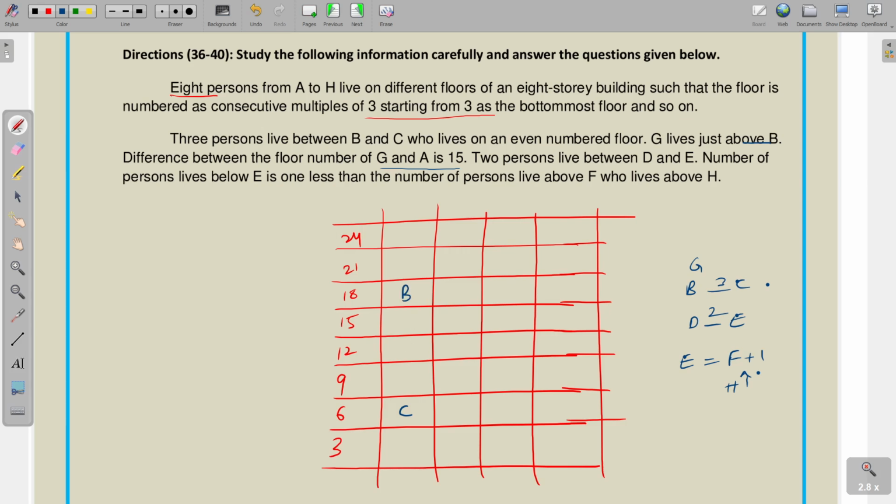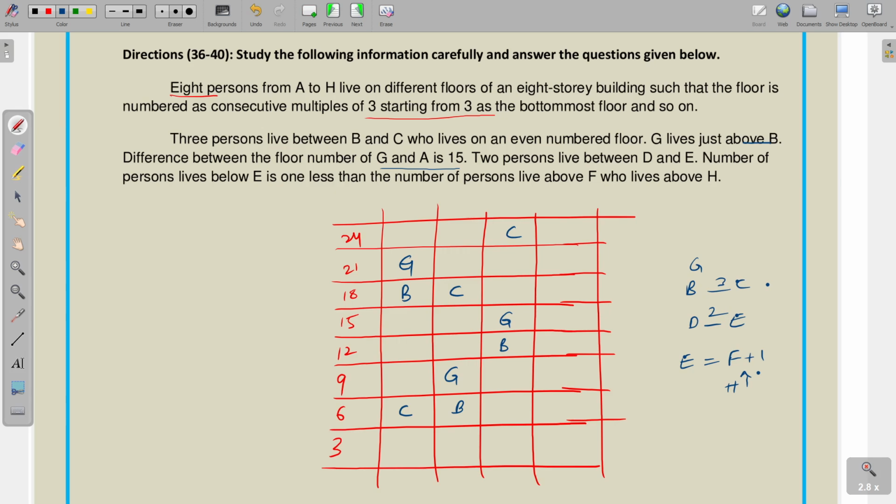Here B is placed, and G is immediately above B. It is the first possibility. Coming to the second possibility, if C is placed here, C is an even numbered floor, 1, 2 and 3. Here B is placed, G is placed here. It is the second one. Coming to the third one, C and B and also G here. It is the third one.